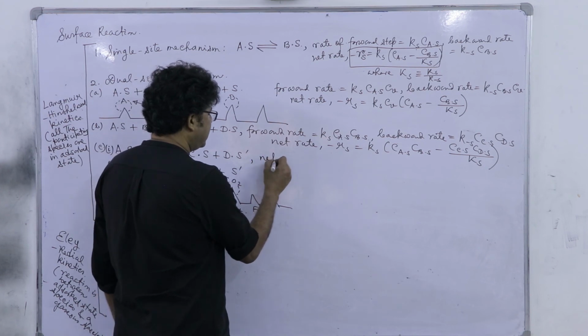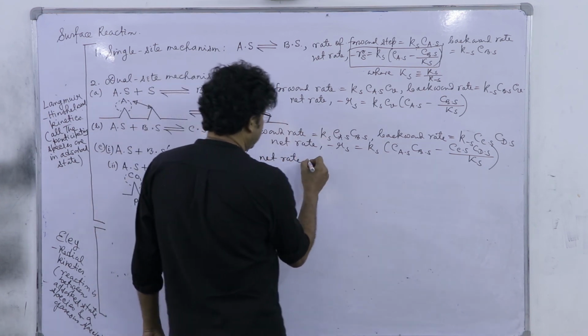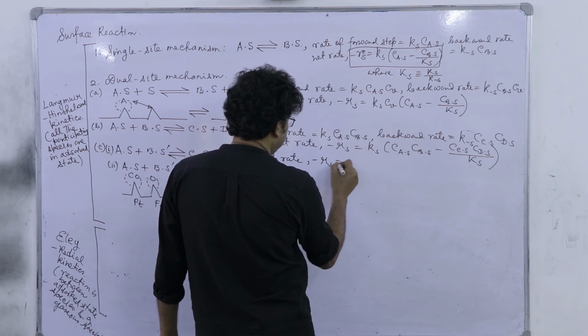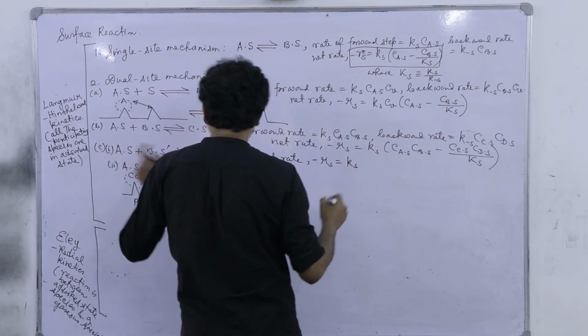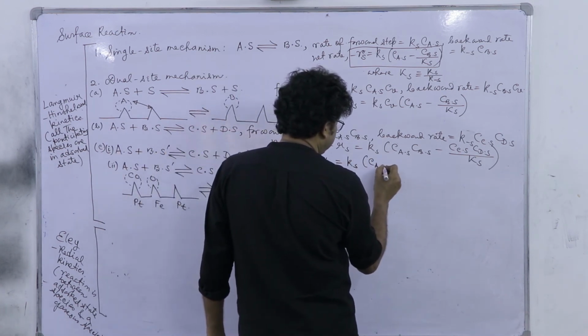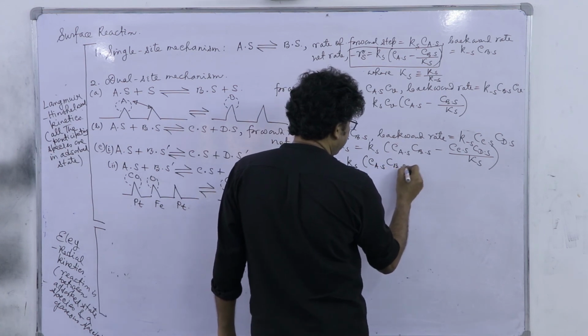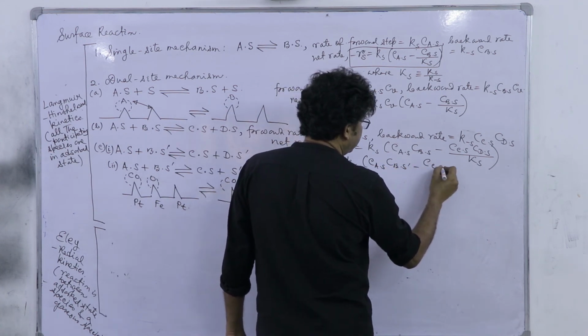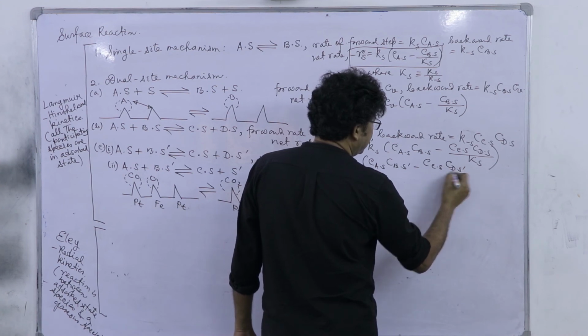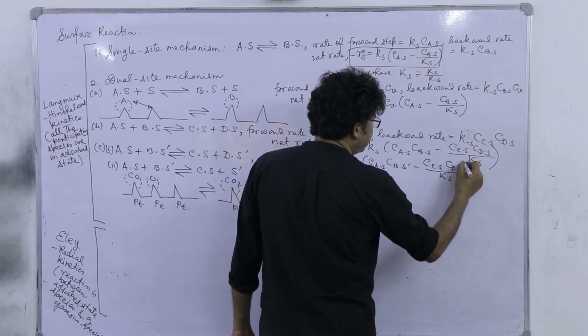I am writing directly the net rate expression. So, here the net rate, minus Rs, will be Ks into C of A·S, C of B·S', minus C of C·S, C of D·S' by Ks.